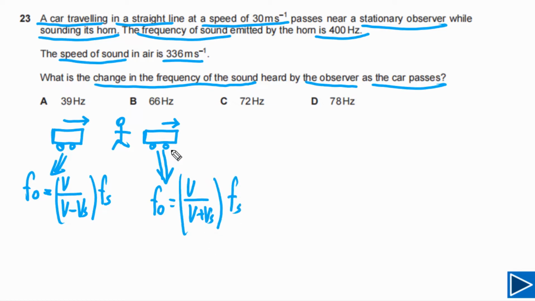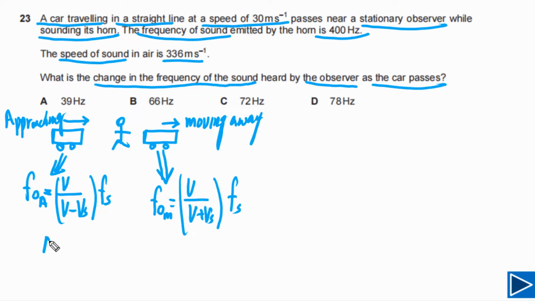But the question is asking us to calculate the change in the frequency. So we need to understand that the frequency observed when the source is approaching will be greater than the frequency observed when the source is moving away. This is the case when it is approaching, and this is the case when the source is moving away. When the source is approaching, I will use f0A for approaching, and when the source is moving away, I will use f0M.